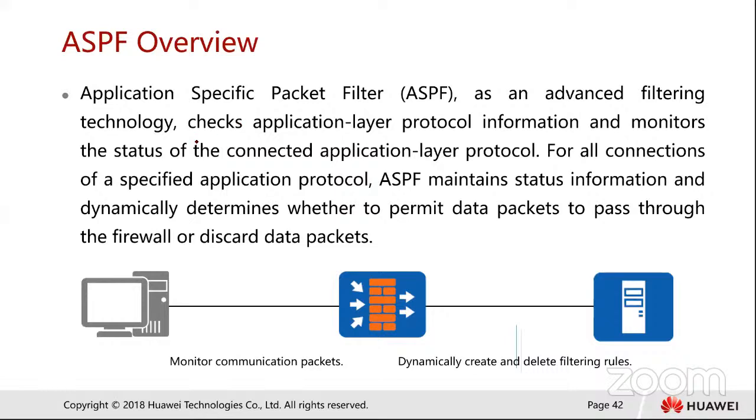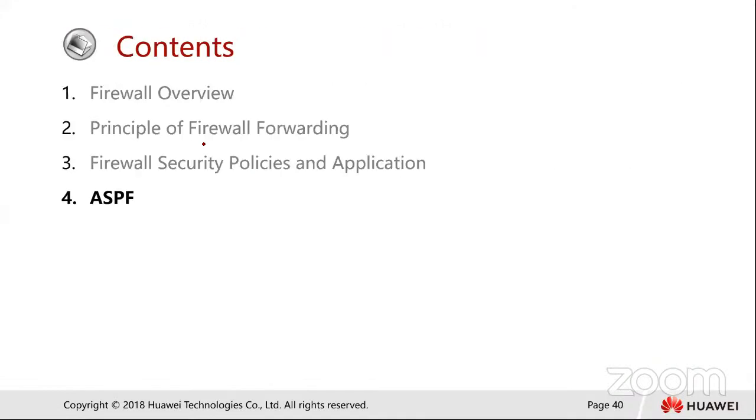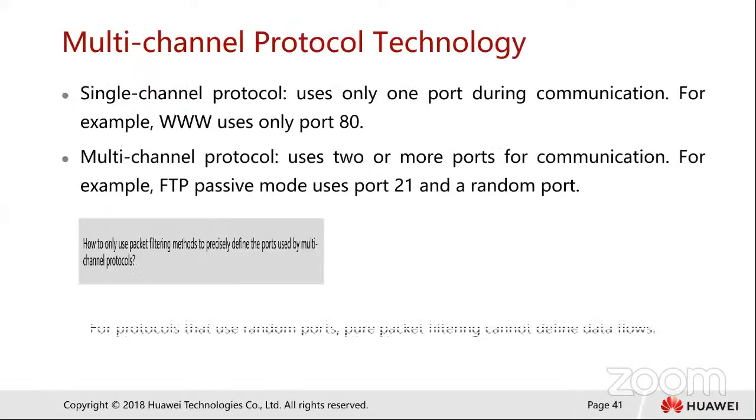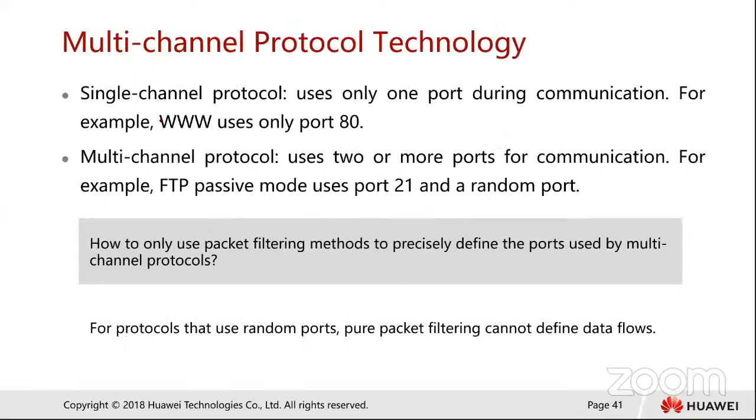So I want us to look at a protocol which we are calling ASPF. In multi-channel protocol technology, a single protocol uses only one port during communication, for example port 80 for www or HTTP. But a multi-channel protocol uses 2 or more ports for communication. For example, FTP passive mode uses port 21 and a random port, which is non-static in nature.